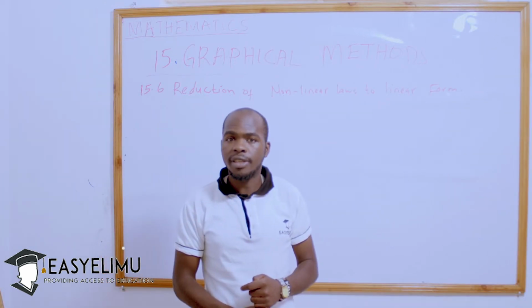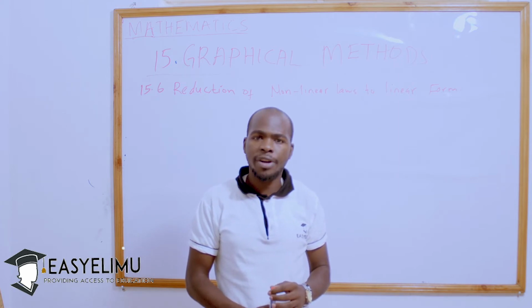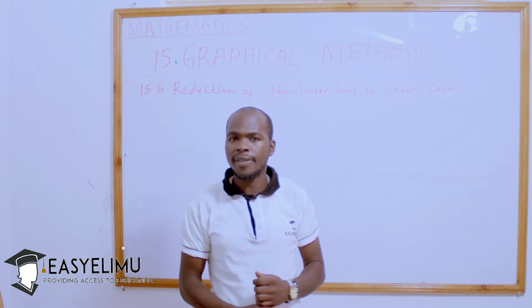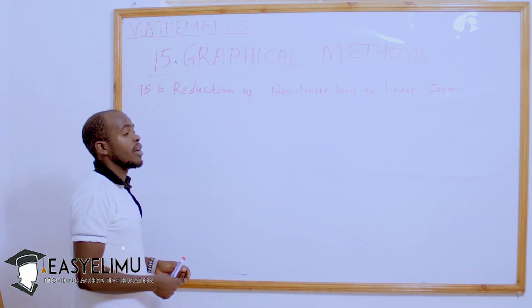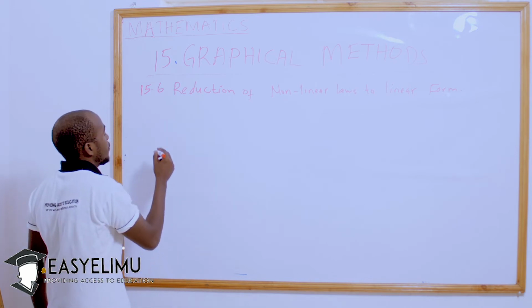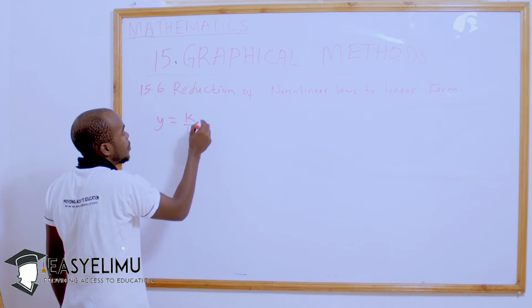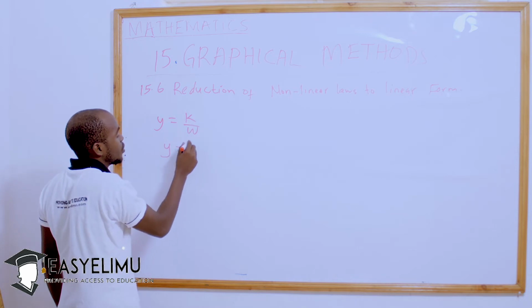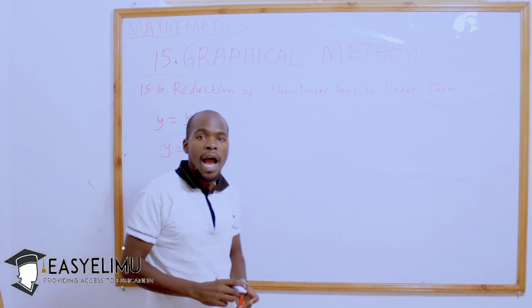Remember in chapter 9, we learned about formula and variation, and under inverse variation, we said that if you plot a graph of k over, for example, w, or plot y equals 1 over w, you will find this gives you a straight line.